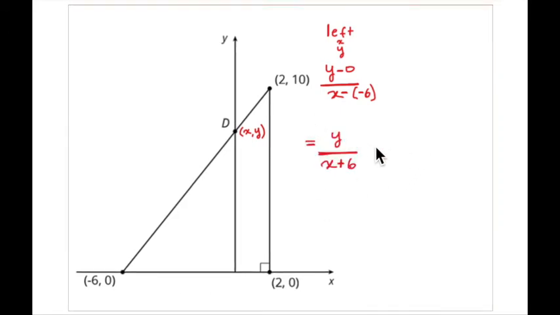Kind of messing this up. So the equation is y in the vertical direction compared to x plus 6, because you're sliding this over 6 units.